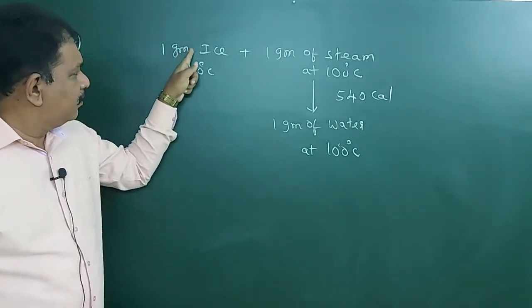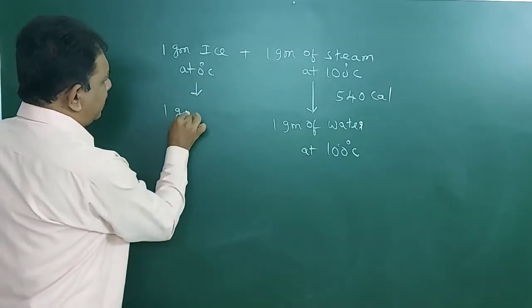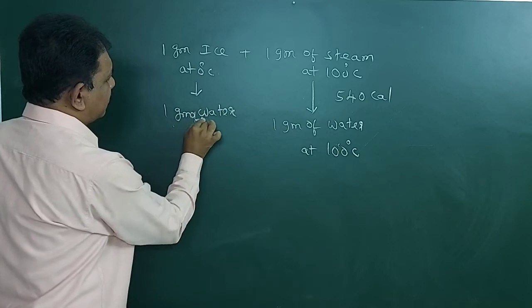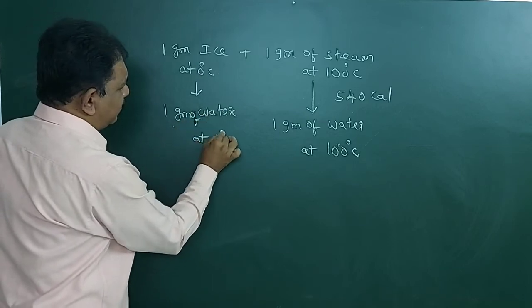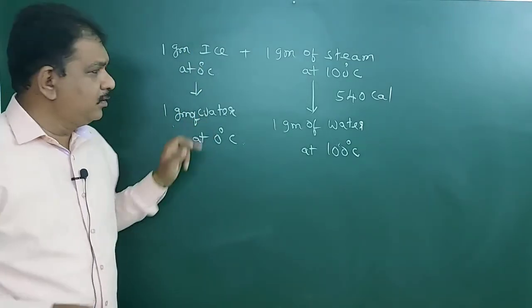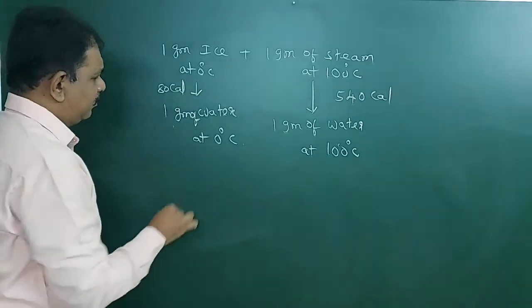Then again, what is its next stage? 1 gram of water at 0 degrees centigrade. To convert the ice into water, 80 calories is required.